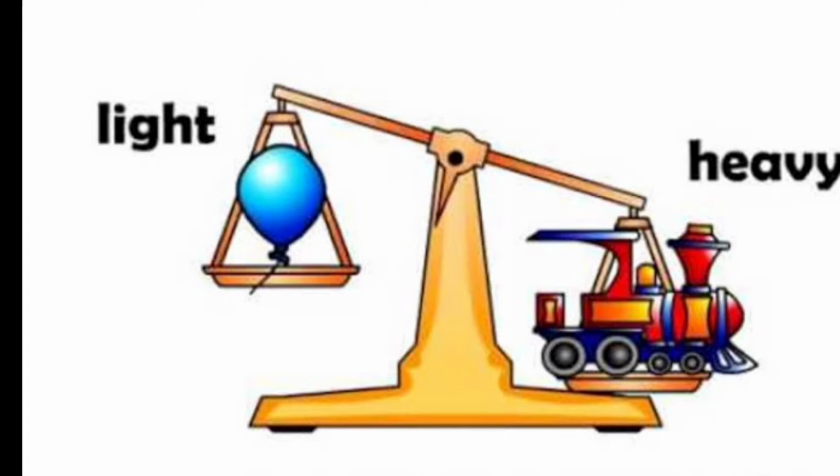Always the thing that is lighter goes up on a balance, and the thing that is heavier always pulls the balance down. So look here, the balloon goes up, and the toy train pulls the balance down. So this picture shows that the balloon is lighter than the toy train, and the toy train is heavier than the balloon. Do you understand, students?